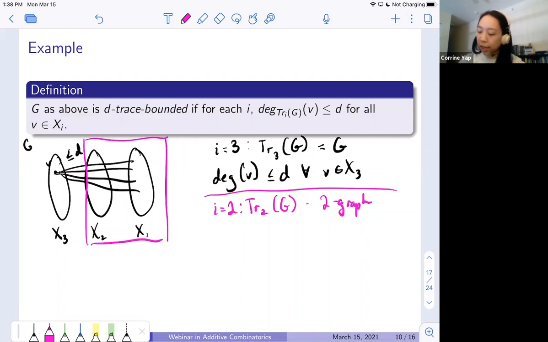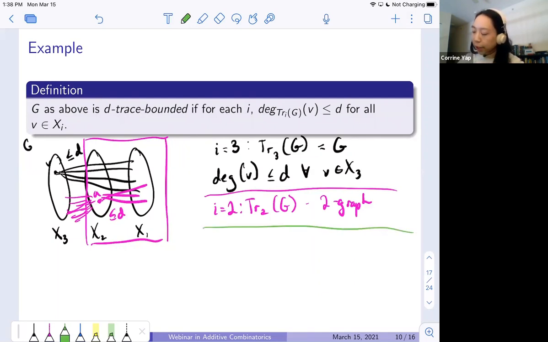Then my condition is that all of my vertices in X2 have bounded degree in this graph. So that means for any, let's say, u in X2, all of my degrees from u to X1 are bounded. But I'm allowed to have as many edges as I want, in terms of D, going back to X3. So in the general graph, the degrees in X2 might not be bounded by some function of D.